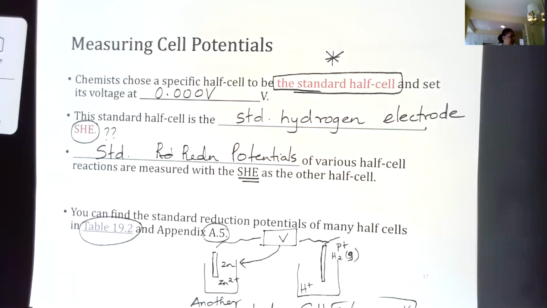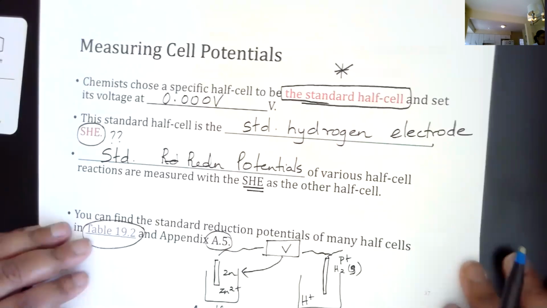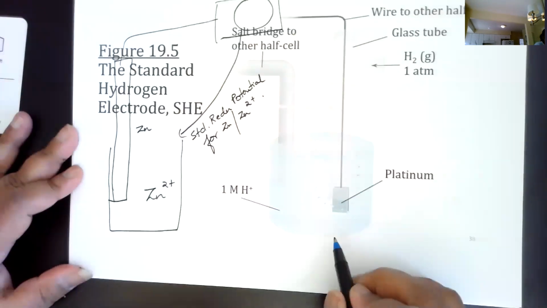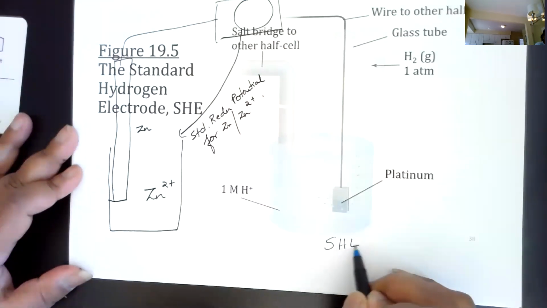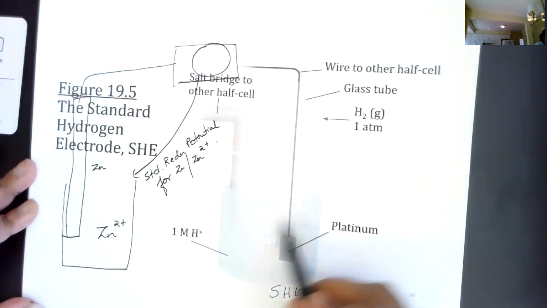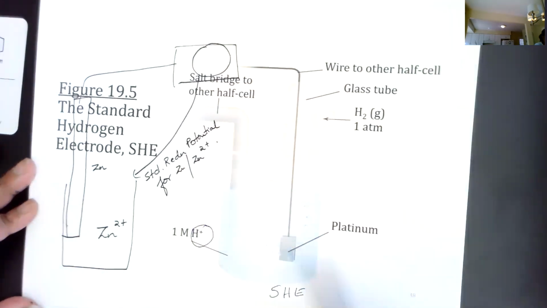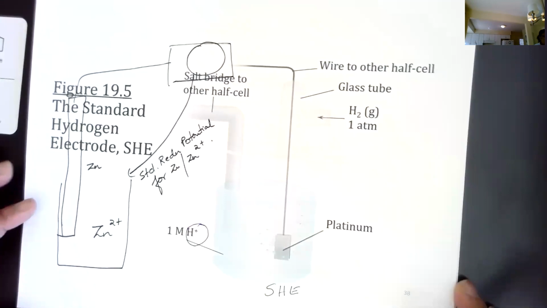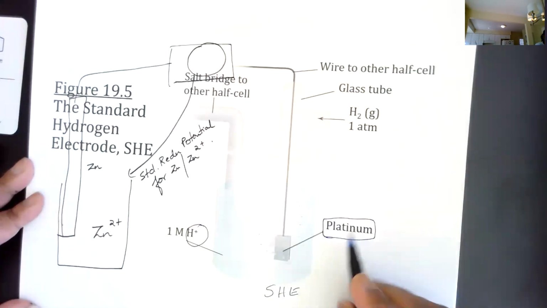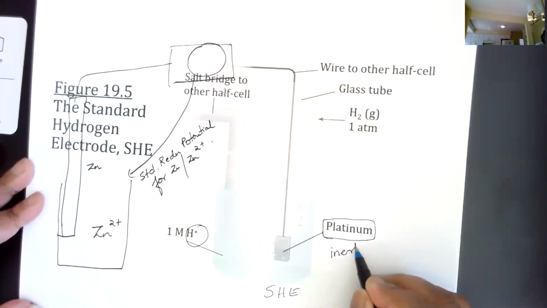So it's similar to that. So they will connect this. This is SHE, which is standard hydrogen electrode. And since they have hydrogen gas in an acidic solution, for electrical connectivity, they're using this inert metal strip.